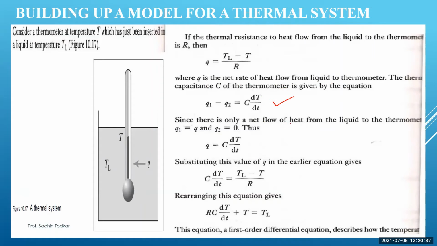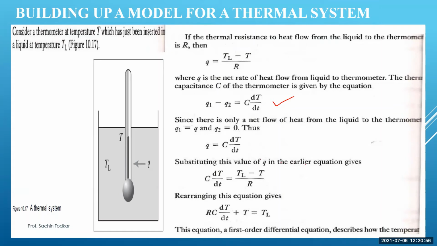Since there is only a net flow of heat from the liquid to the thermometer, Q1 is equal to Q and Q2 is equal to 0. Thus, you can write Q1 minus Q2 is equal to Q, and it is equal to C into dT by dt.